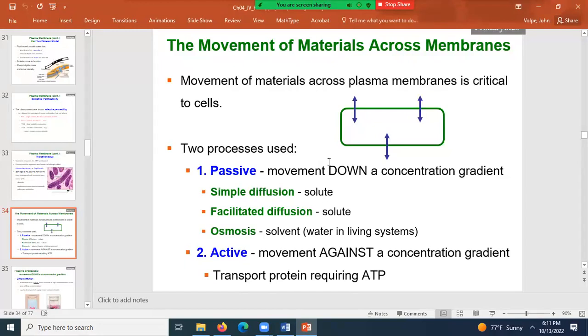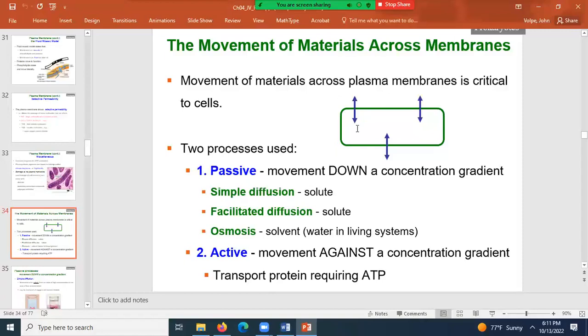That's where a solute molecule moves across the cell membrane, for example, by using a transport protein. One that we'll talk about in a minute is fructose, which moves across the cell membrane by a transport protein, and this happens by facilitated diffusion.